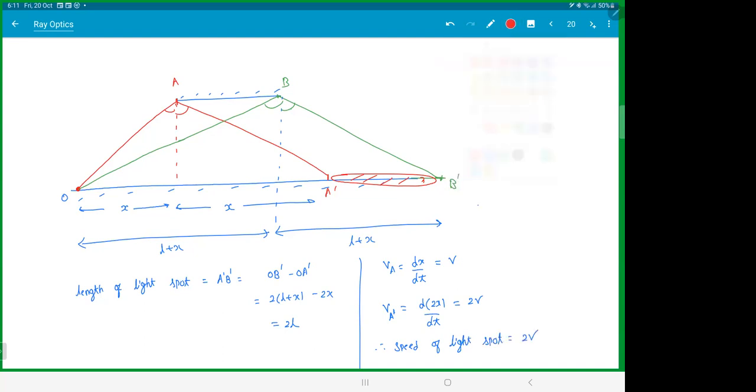Meaning, think about it. Every time you go forward, A will change by x, but A dash will change by 2x. That means A dash is changing 2 times faster than A. Please check. Easy one. This could be a kinematics question also, with a little reflection though.